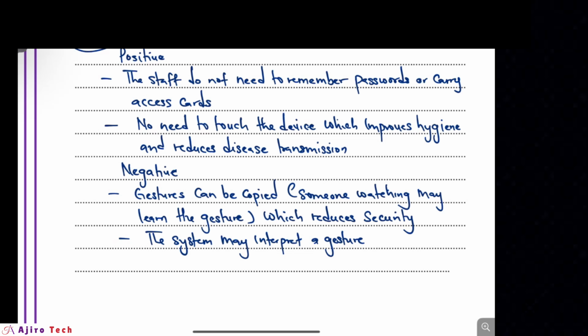So it may misinterpret a gesture, which could result in authorized users being denied access.